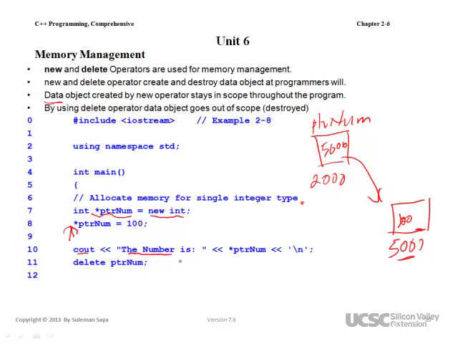First it will write this string, and then it does the dereferencing to get the value of this memory location. So it does the dereferencing of 5000 and it will pick up the data 100, so it will display 100.